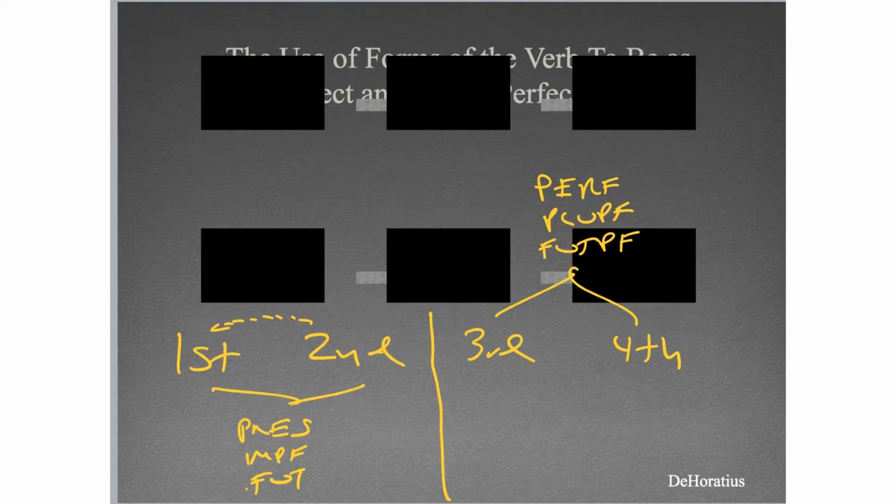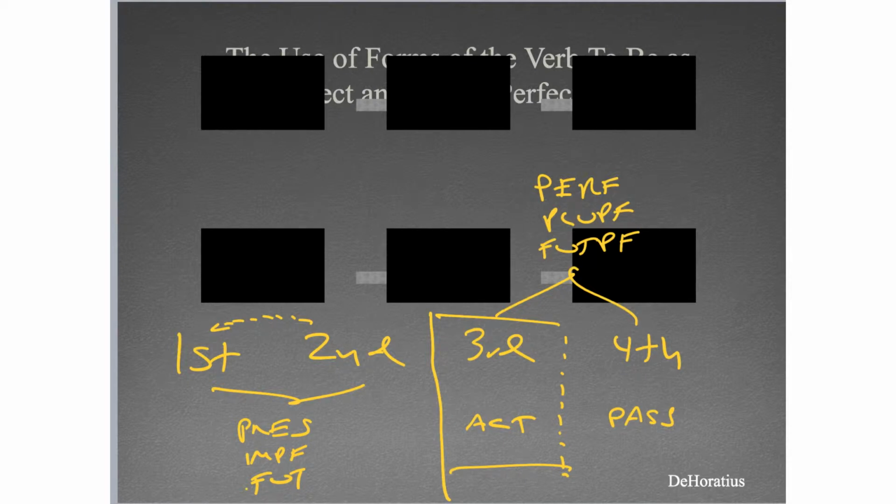But there's a mini division between third and fourth: the third principal part is only the active forms, and the fourth principal part is only the passive forms. So this week we're only going to be dealing with the third principal part. The fourth principal part, I believe, is next week when we learn the passive forms.